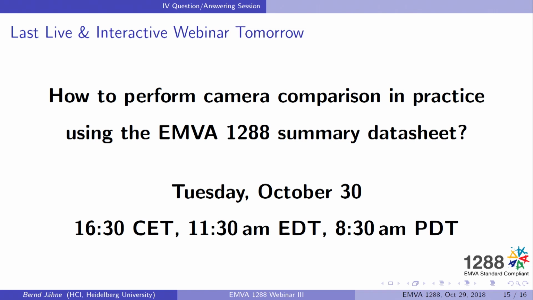So the nice thing with the newest release of the EMVA 1288 is this 1-page summary sheet, and I will demonstrate to you, given certain applications, how you can read out of this data summary sheets the most important quantities.